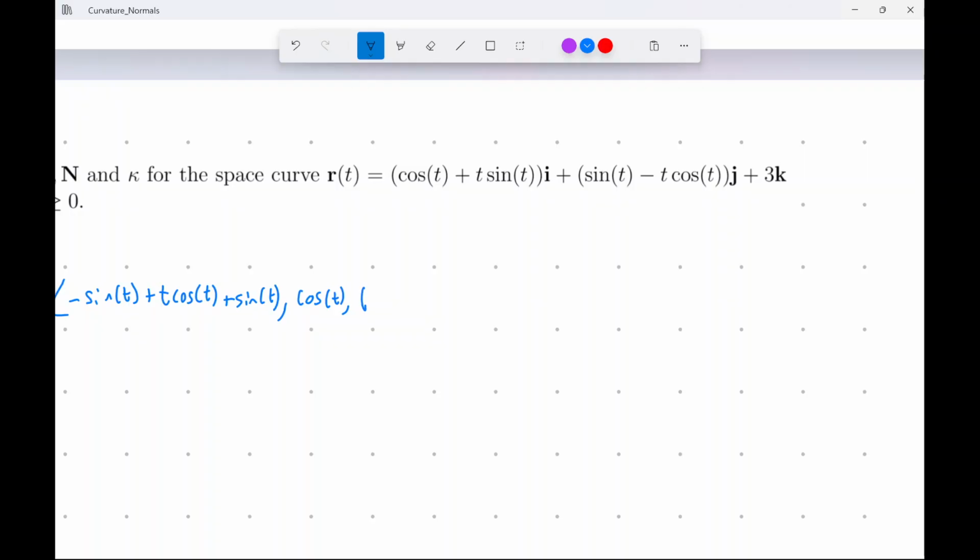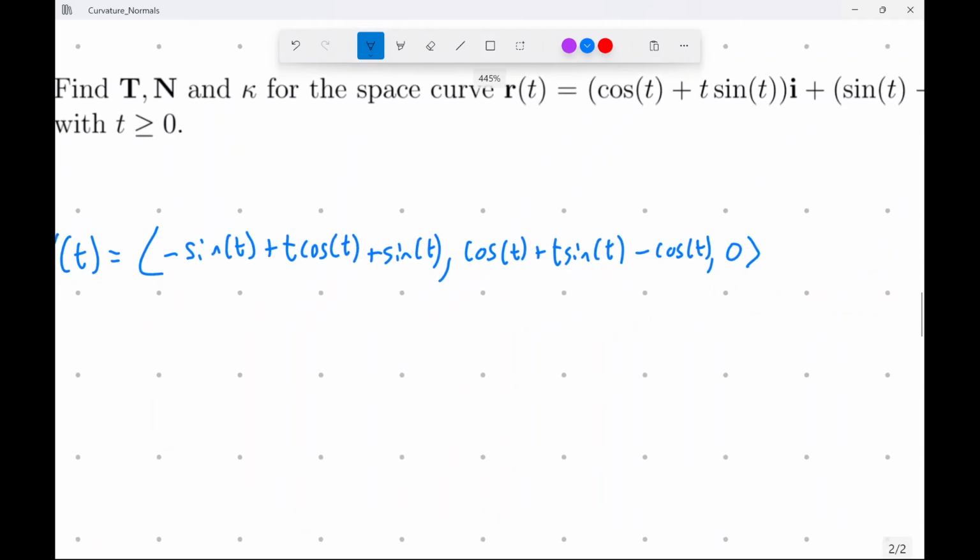t sine t. Oh my god, I keep writing comma. It's plus minus cosine of t. And then the last one, the derivative of 3 is just 0. Okay. These sines and cosines cancel out, so this is t cosine of t, t sine of t, 0.